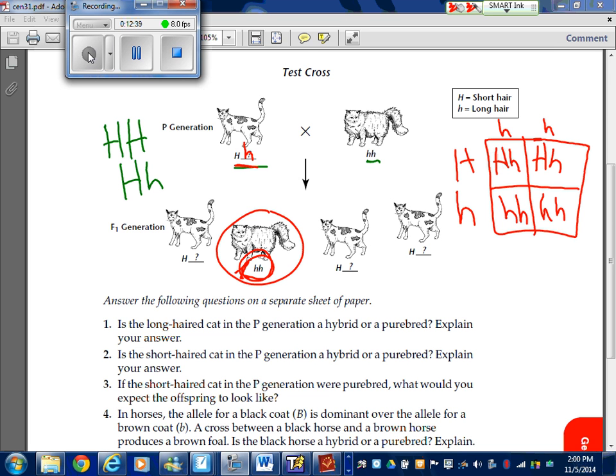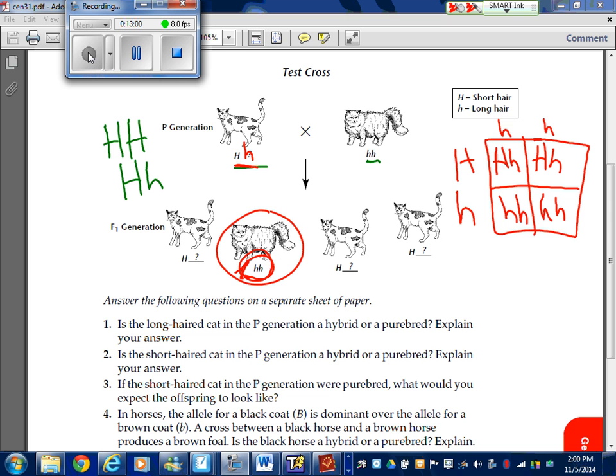So even though it came out 3-to-1, which makes it look like something it's not, it's just the probability. In the same way that you could flip a coin 10 times, you could get 9 heads. It's possible, it's not probable. It's more likely you'll get something closer to 50-50.